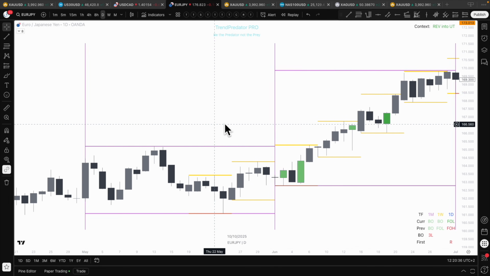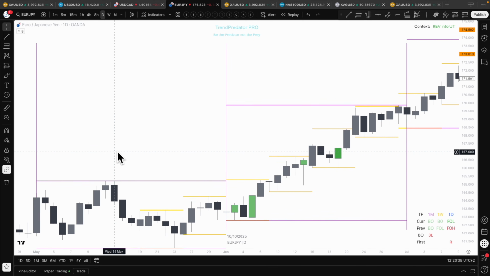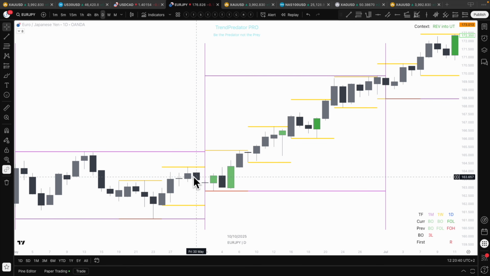We don't see that at the moment, but this was a breakout also. Let's start here. This is a weekly breakout, working back down. 1 breakout, 2 breakdowns, 3rd breakdown, fake out low. Once you come back to the weekly high here, this is a very nice fake out low continuation trade with the trend. So reversal into the trend.